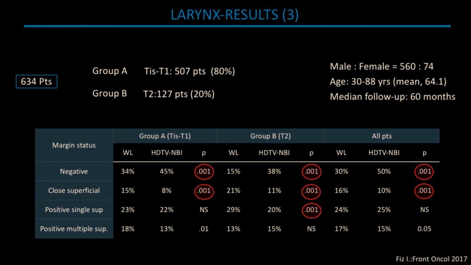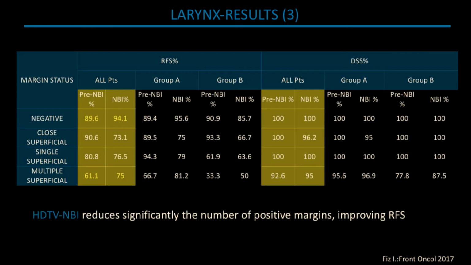This was also found in the group of T2 and T1, of course, in all patients. So the number of negative margins increases and the close margins decrease. This is reflected in survival, improving the recurrence-free survival in patients treated when we routinely use NBI.